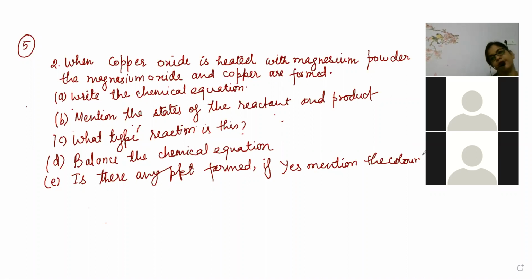Last question, beta. In the last question in CBSE, they are bluffing the student. They want to confuse you so that you cannot answer it correctly.